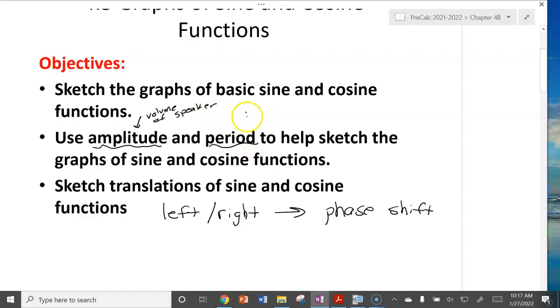If I start changing the period, now I'm changing my radio station. I could be turning the dial and going from one radio station to a different one because they have different periods, different frequencies they transmit on.